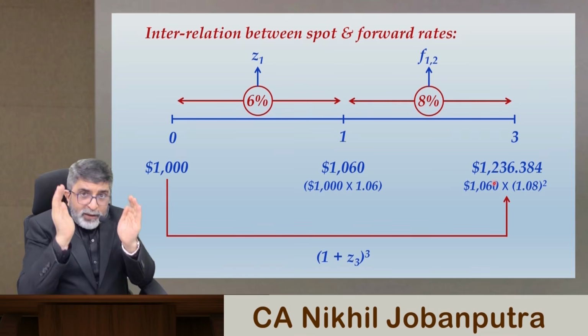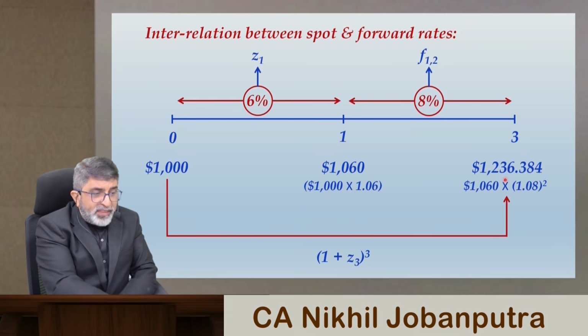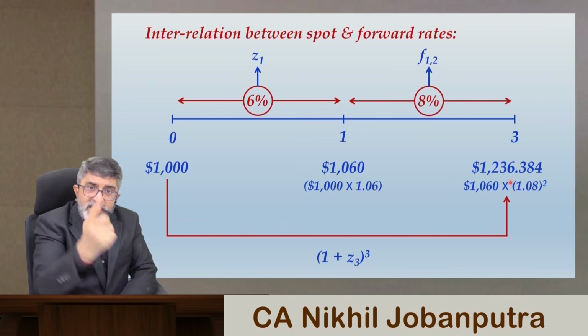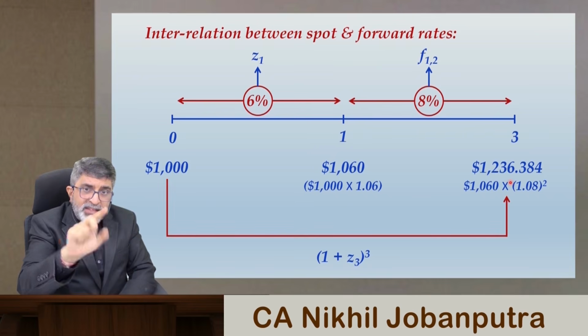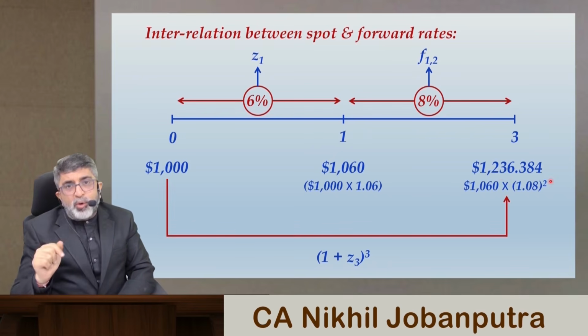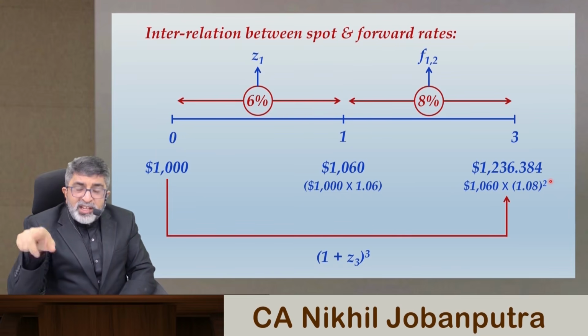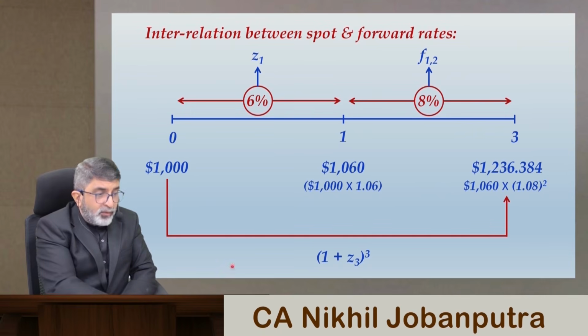$1236.384. So if I want to find the value of 1 plus Z3 raised to 3, it will be 1236.384 divided by 1000. That will make it 1.236384. Now what is 1.236384? It is the value of 1 plus Z3 raised to 3. I want to find the 1 plus Z3 value.